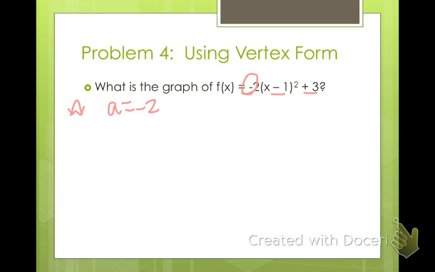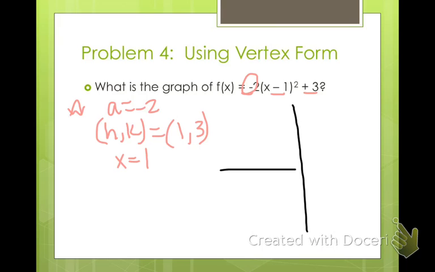We also have this -1 and the 3. So our H, K, our vertex, is the opposite, +1 and +3. Okay, from this information, can we graph a parabola? Yes, because we also know that x equals 1 is our axis of symmetry.